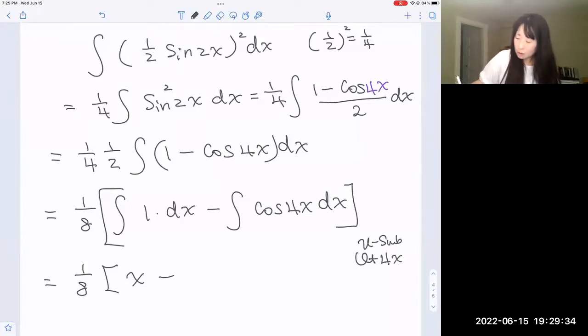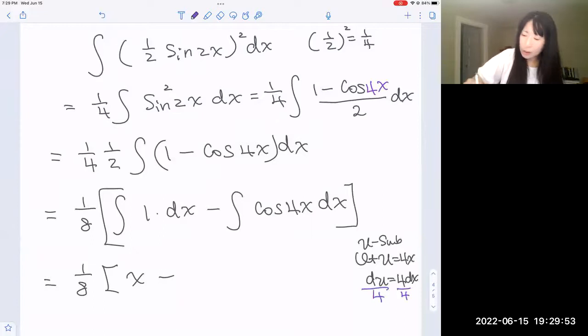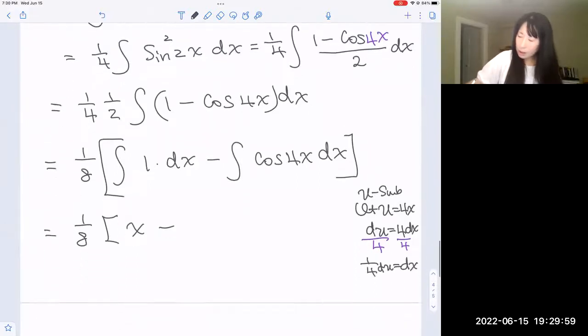Okay. All right, then the derivative, what do you get? 4. And we don't have a 4, so we divide by 4 on both sides. So it is 1/4 du, which is dx.